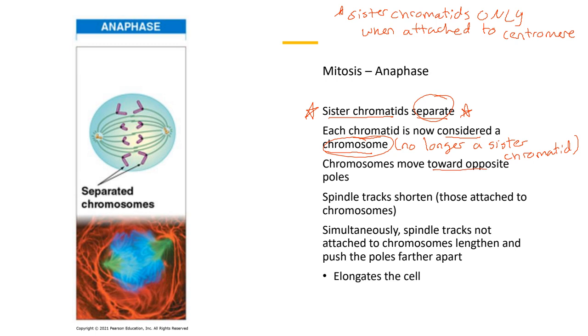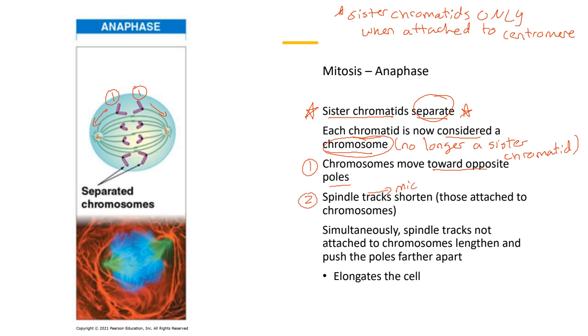I'm gonna make this number 1. Number one, as you can see, the chromosomes now are going to be moving to opposite poles. For that to happen, the spindle tracks or the microtubules.